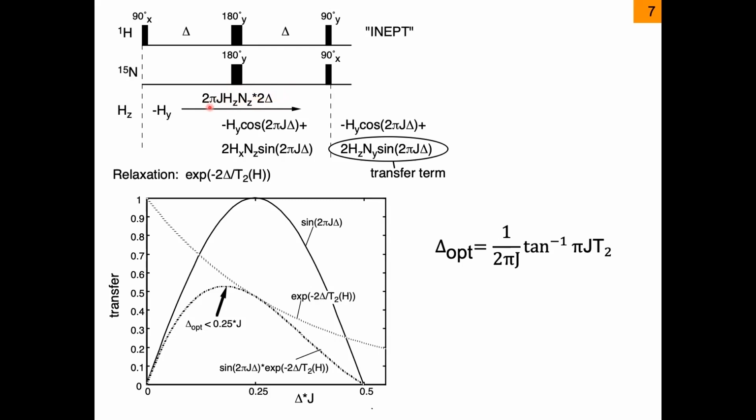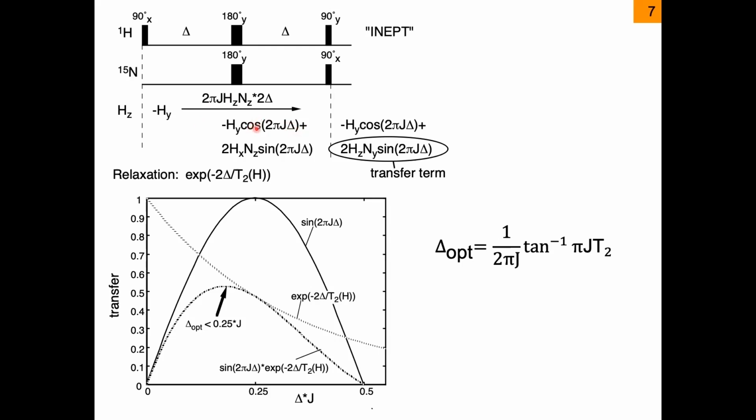And under this action, this minus HY magnetization evolves into antiphase. One part stays where you started, with a cosine of a certain angle, and the other part goes into this transfer. The angle is actually 2 pi J times delta.